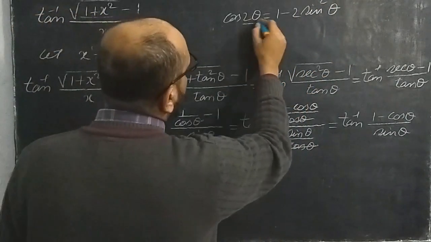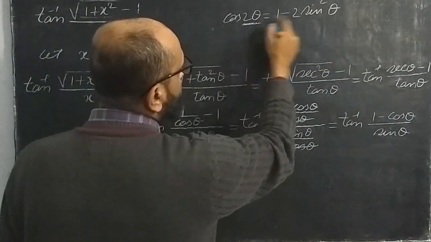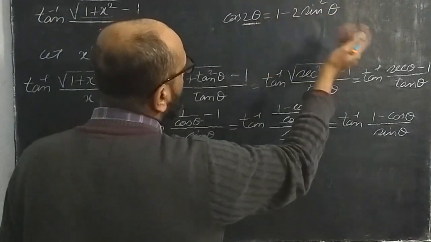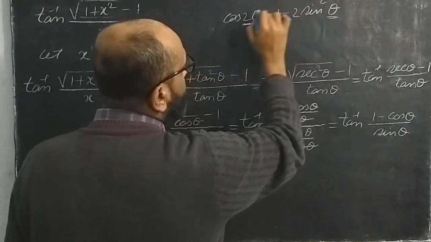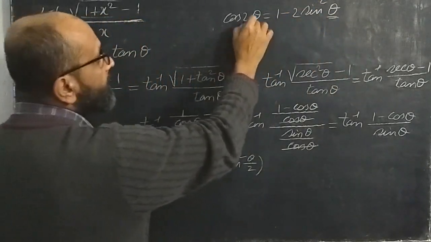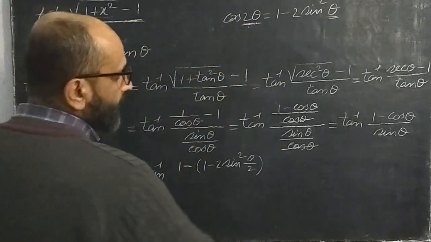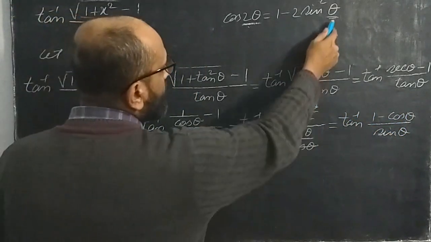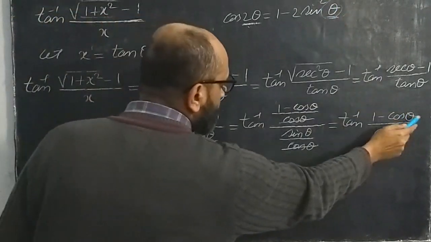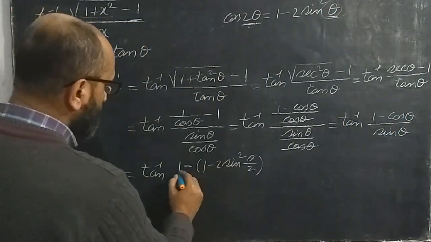So always remember, in this identity there is the angle which is double of this angle, or in other way we may say that here is always a half angle of this one angle. So if we use this identity for theta, as here we have cos theta not cos 2 theta, we have to make this angle half of this angle, so we get 1 minus 2 sine square theta upon 2.